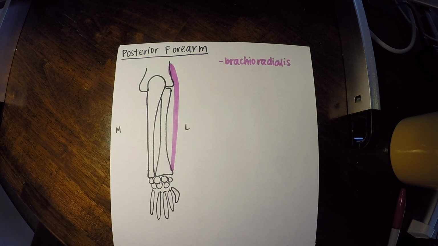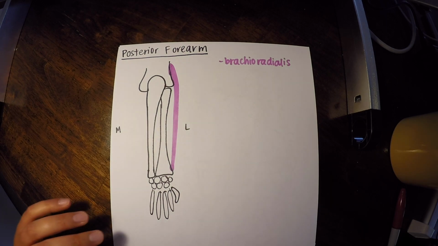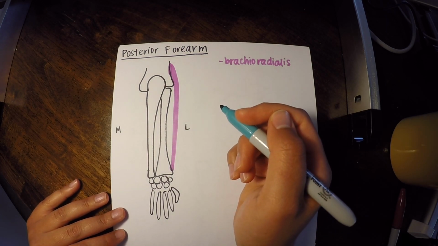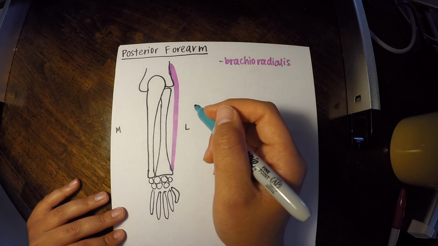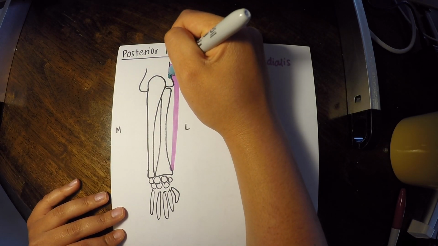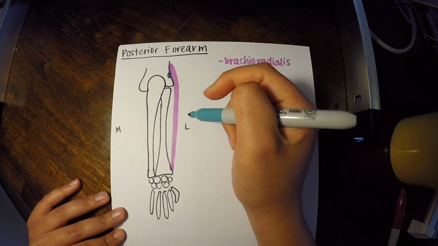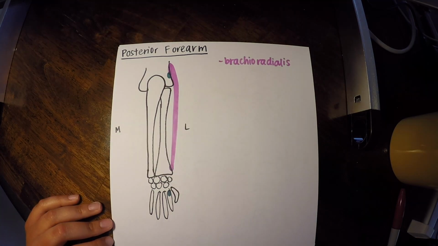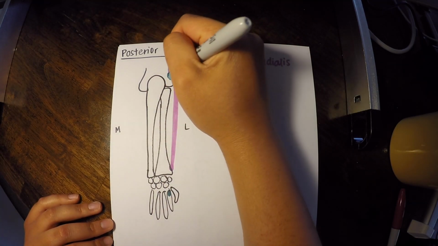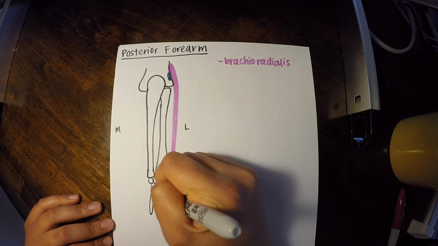All right, so next let's go to our extensor carpi radialis longus and brevis. Extensor carpi radialis longus is going to come from this aspect of the humerus here, and it's going to go down and attach in the hand. And then extensor carpi radialis brevis is also going to come from about here, and it'll attach into the hand.